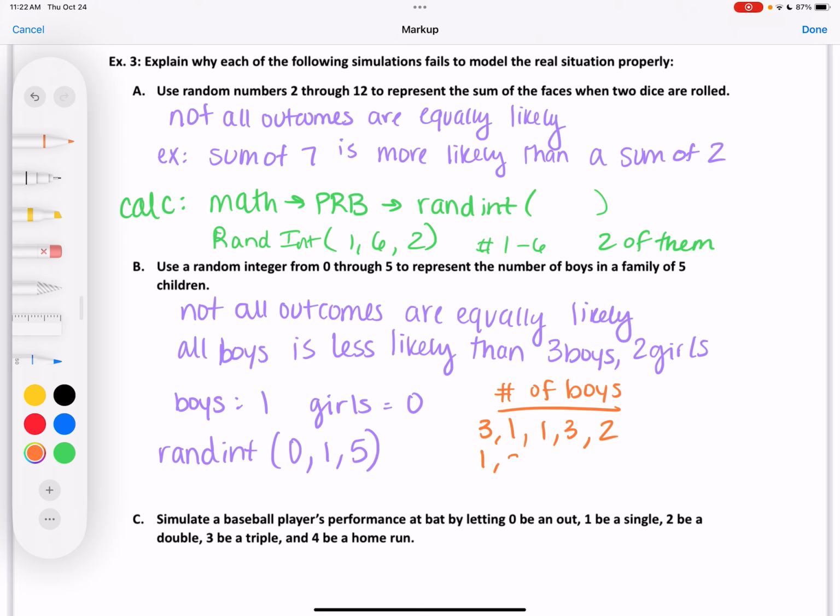I got 2. I got 4. I got 2. I got 3. I got 1. 4. Ooh, I got one that was none.